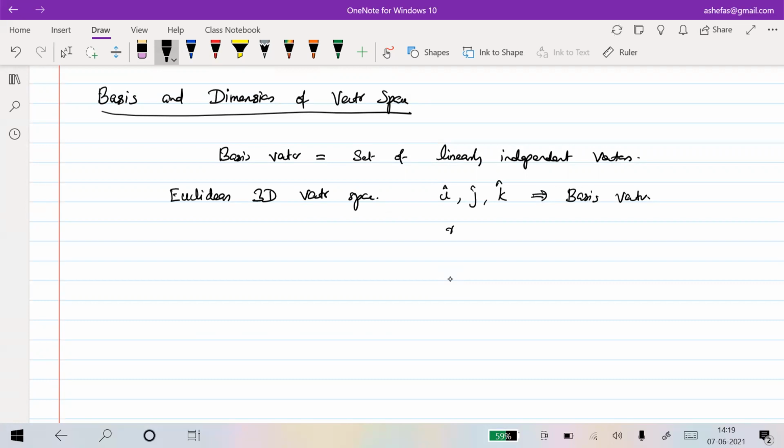The other choice can be r, theta, phi, which is also a basis. And the basis vectors that I have written here have a special condition, that these vectors are orthogonal and their length is unity. So therefore, these basis vectors are examples of orthonormal basis vectors.